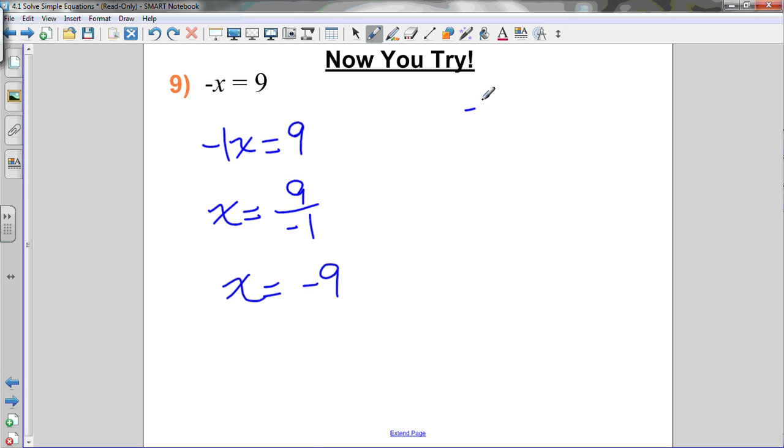Another way, so I have negative x equals 9, what you could do, you always need to isolate the positive value of the variable. Okay, so I need x to be positive. To make x positive, I could just move it to the other side of the equation. So if I move the x to the other side, I'm left with nothing on the left, and on the right, I have 9 plus x. Now I need x to be by itself, so I need to move this 9 to the other side.